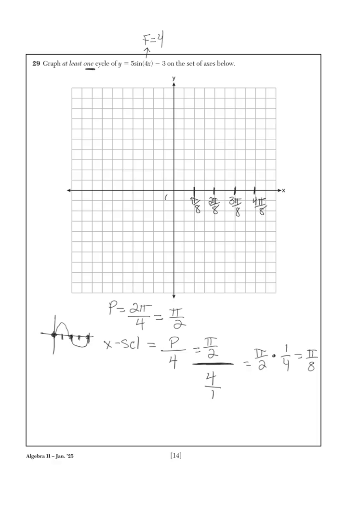Really easy, right? As long as you find your period, divide it by 4, because 1, 2, 3, 4 slashies, right? Divide it by 4. That's going to tell you what to name this first thing. That's a 1 pi over 8, 2 pi over 8, 3 pi over 8, 4 pi over 8.